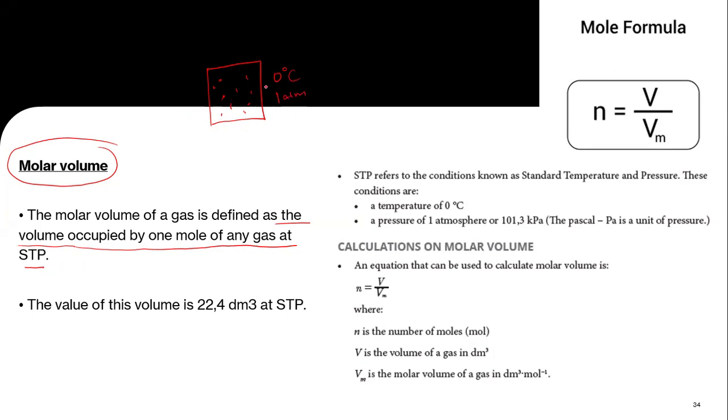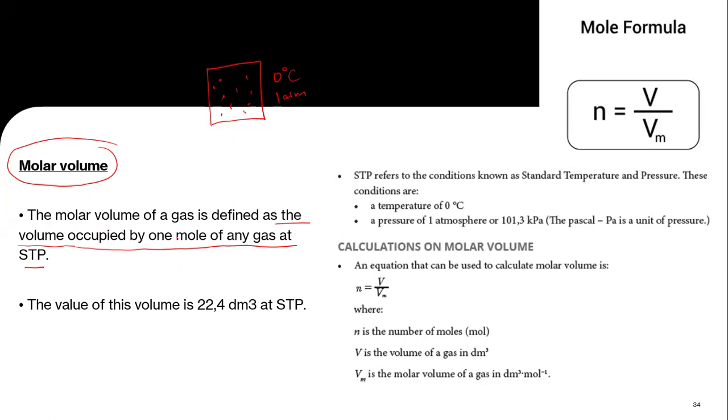Now, when these gaseous molecules experience a temperature of 0 degrees and a pressure of 1 atm, the volume occupied by these gaseous molecules is what we call the molar volume.